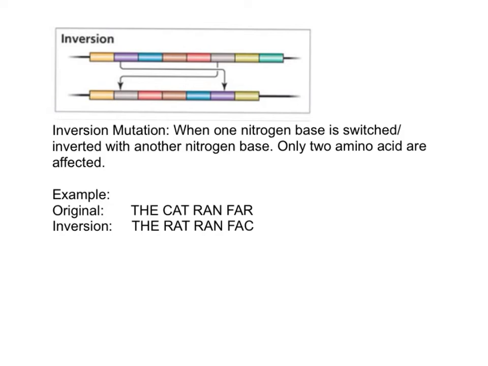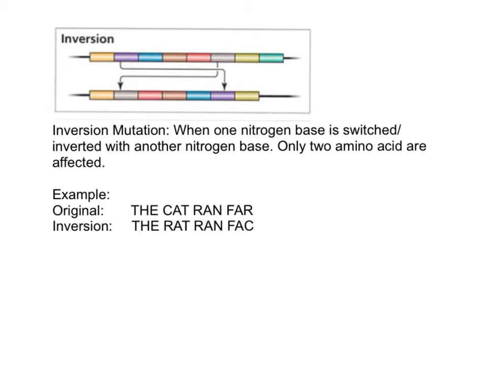Now, the fourth type of mutation is called inversion. As you can see in the picture here below, I want you to focus on the purple and on the gray. Now you see here that the purple has been switched with the gray. So inversion is not inserting a base or deleting, and it's not substituting, but yet 2 nitrogen bases on the DNA sequence have been flipped or inverted with each other.